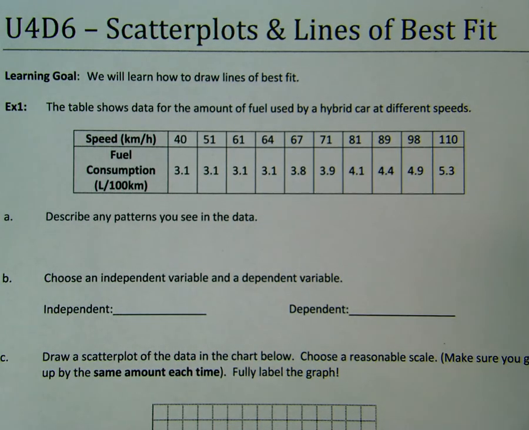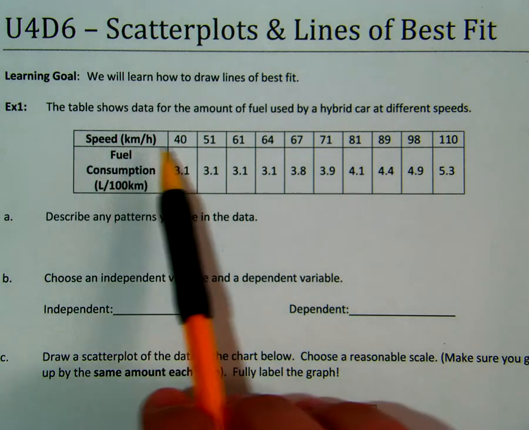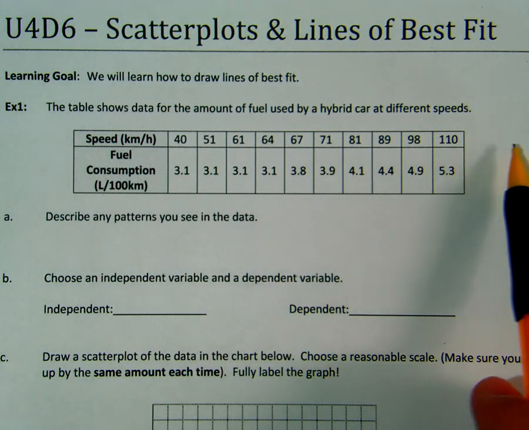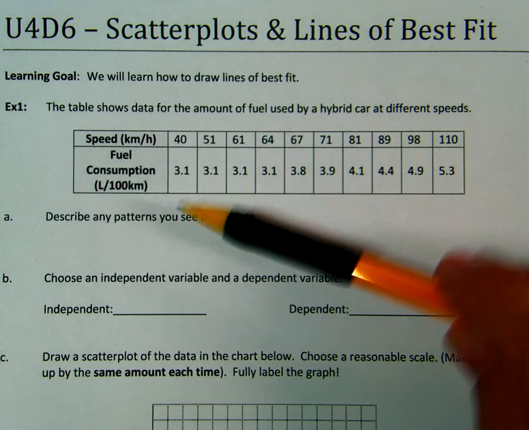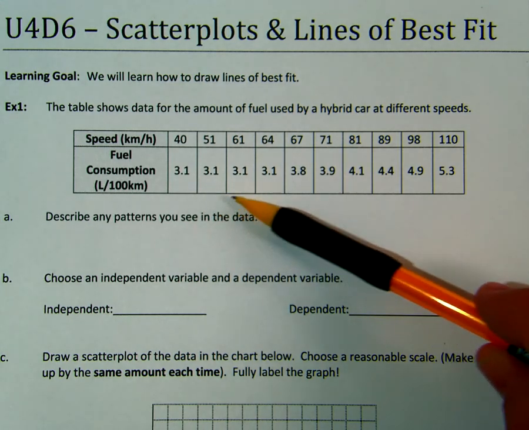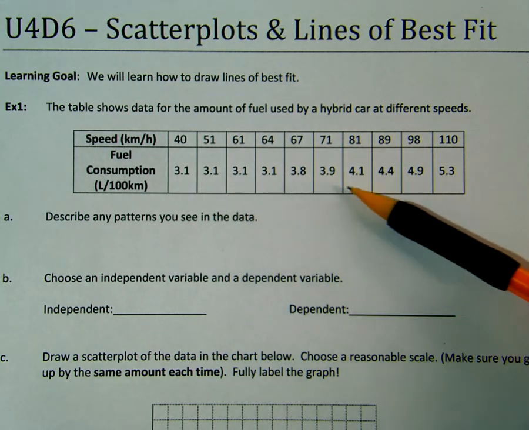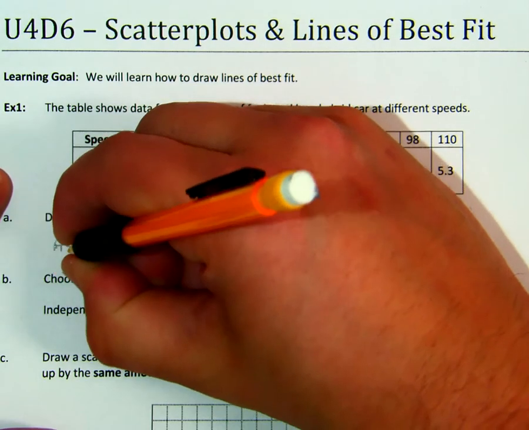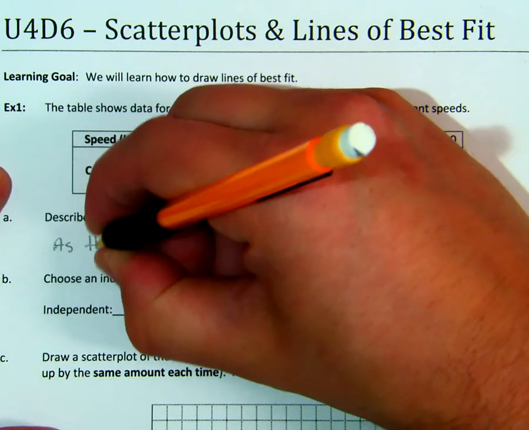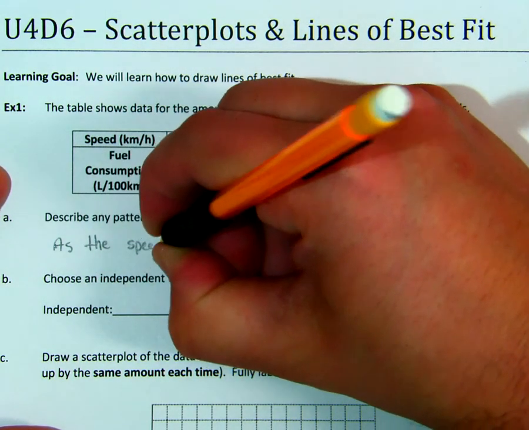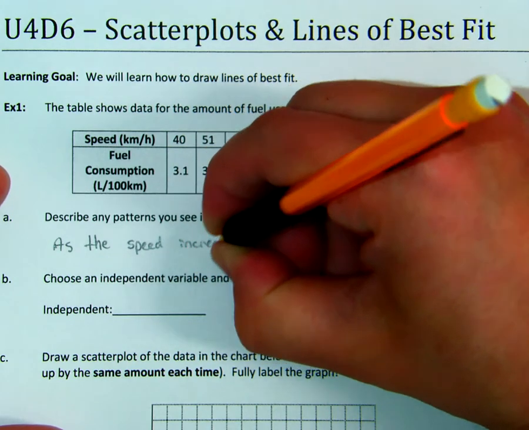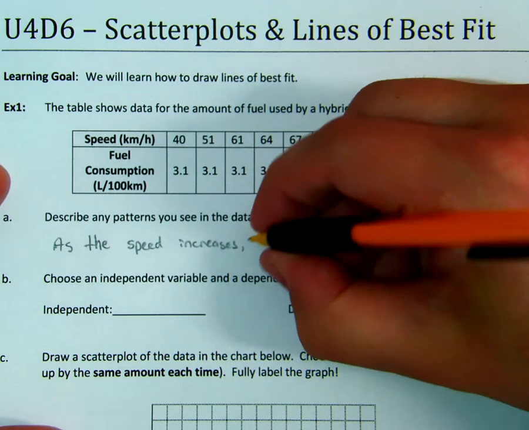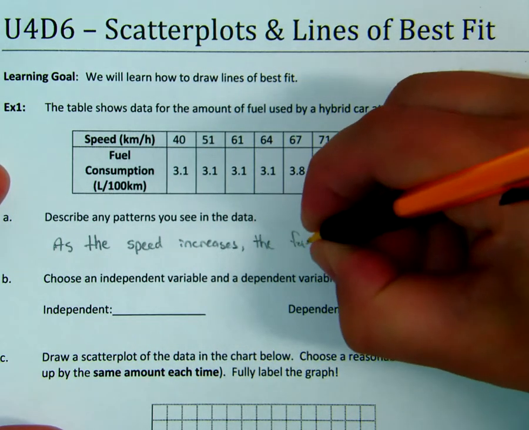The first thing we're going to look for is any patterns in the data. What you should see is as the speed increases in the table, the fuel consumption stays the same for a while, but once it gets past a certain speed, it starts going up quite a bit. So I think that's what we should put: as the speed increases, the fuel consumption tends to increase.